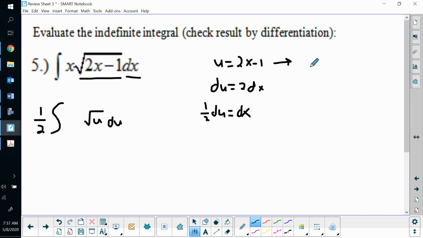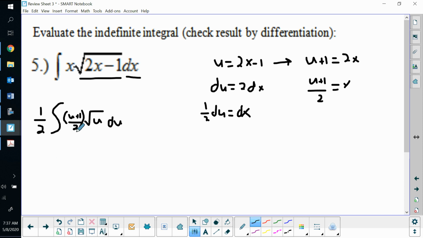We go back to what u is equal to, and we're going to get the x by itself. So we'll add the 1 over, and we'll divide by 2. And that is what x will become. And now we have something that only has u's.